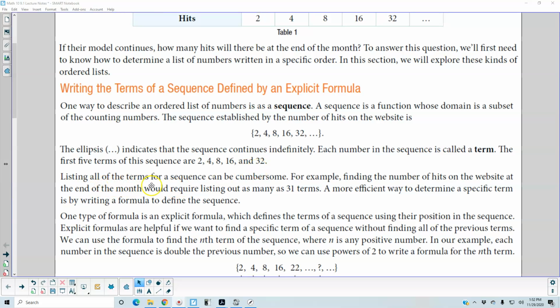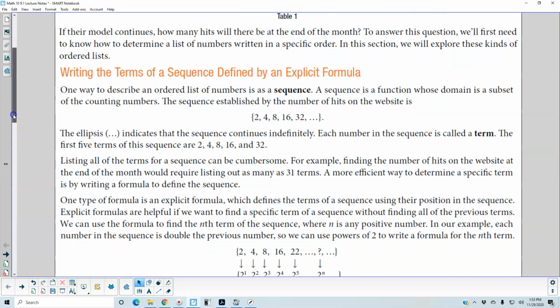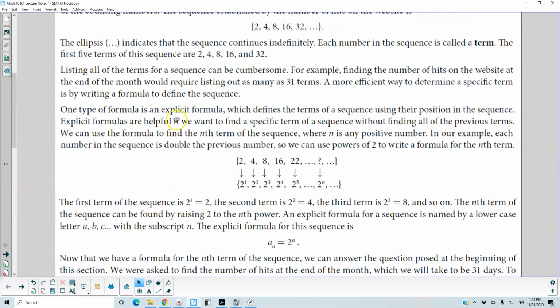Now, listing all of the terms for a sequence can be cumbersome. For example, finding the number of hits on the website at the end of the month will require listing out as many as 31 terms. A more efficient way to determine a specific term is by writing a formula to define the sequence. One type of formula is an explicit formula, which defines the terms of a sequence using their position in the sequence.